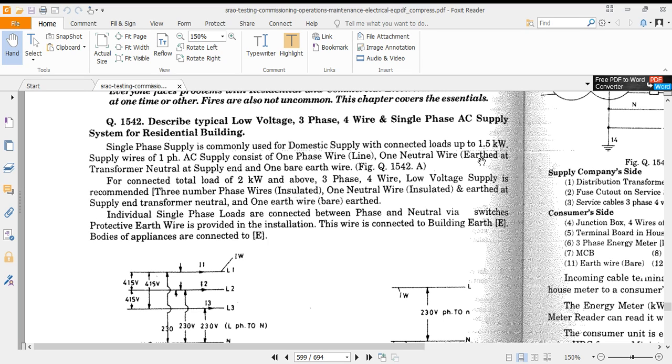So, the supply wires of a single phase AC supply consist of one phase and one neutral. You may be wondering why we are discussing such silly information in the final year.